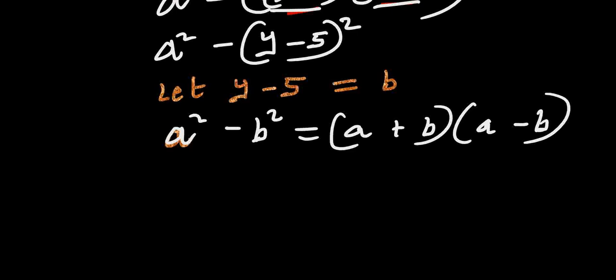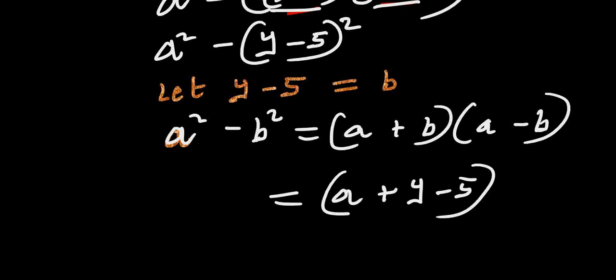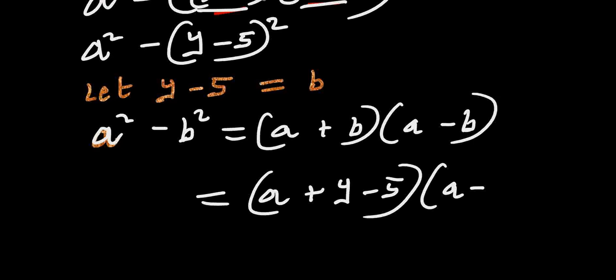So now let's substitute the value of b back into this, and this will become a plus y minus 5, a minus. Since we are going to return the value of b, just put a parenthesis here, and this will be y minus 5.